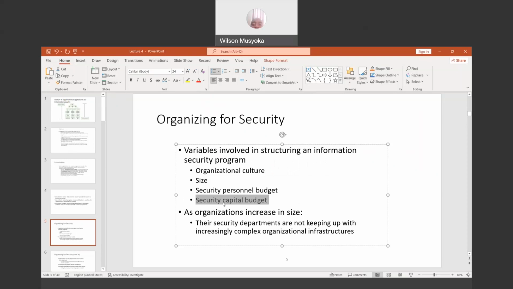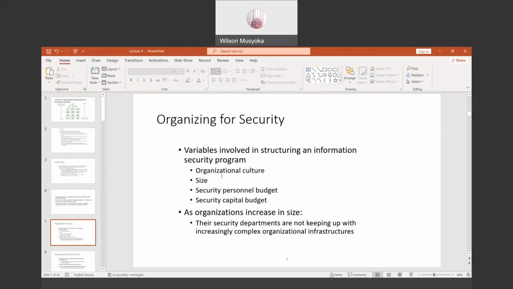So as organizations increase in size, their security departments are not keeping up with the complex organizational structures. Increasing in size, you could be talking about the organization growing, also the departments growing, more employees being hired. And when that is happening, it also needs to connect to how the security program should be growing.